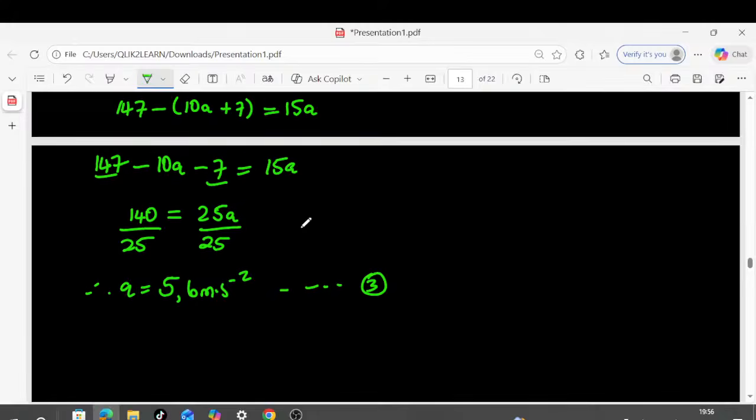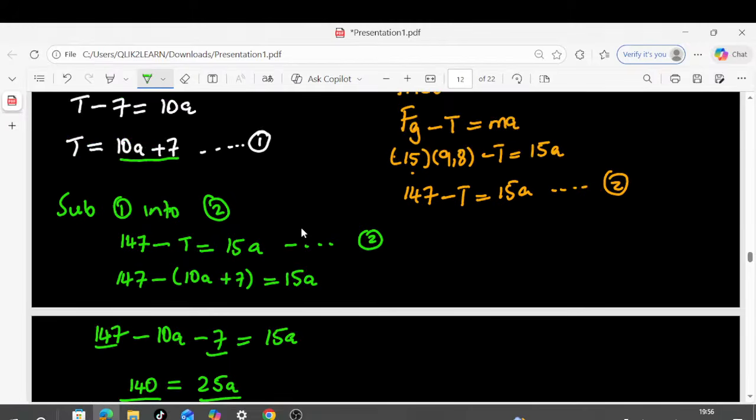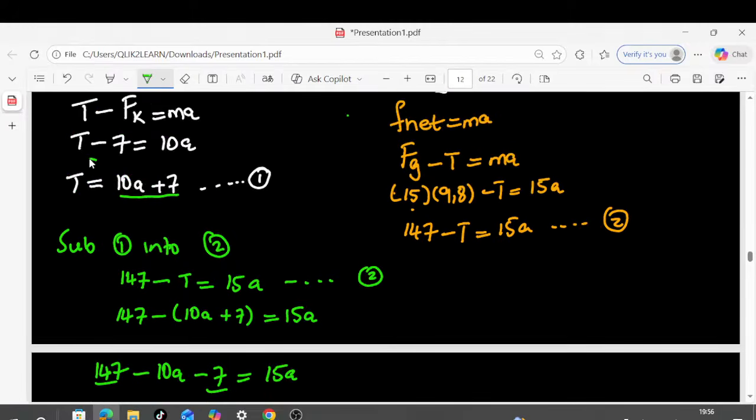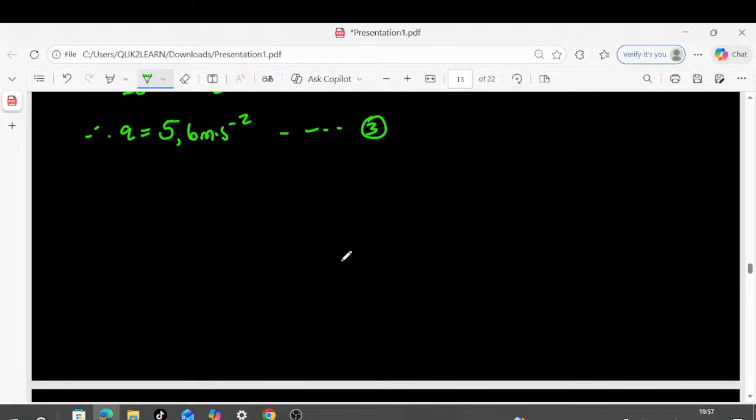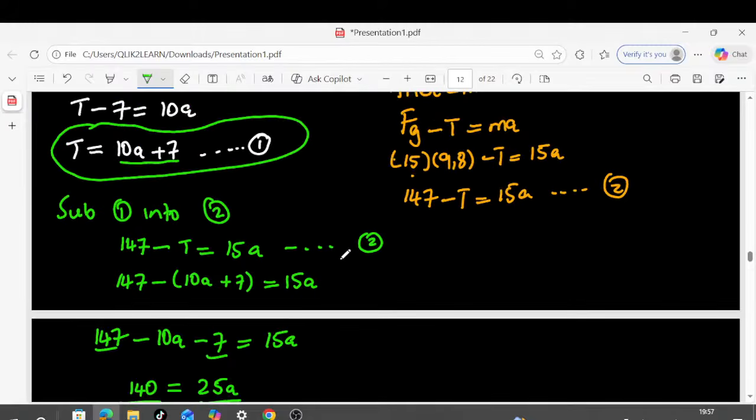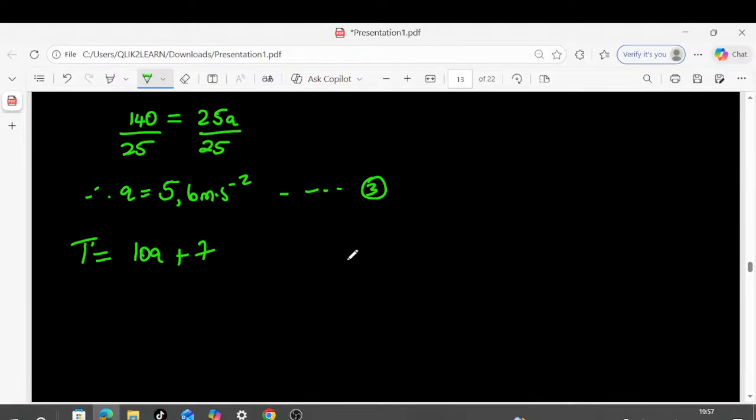I can substitute this in any of these formulas, but I'm going to use equation 1 to find my tension. So tension is 10a plus 7. So I'm going to say my tension is equal to 10a plus 7. So let's substitute.